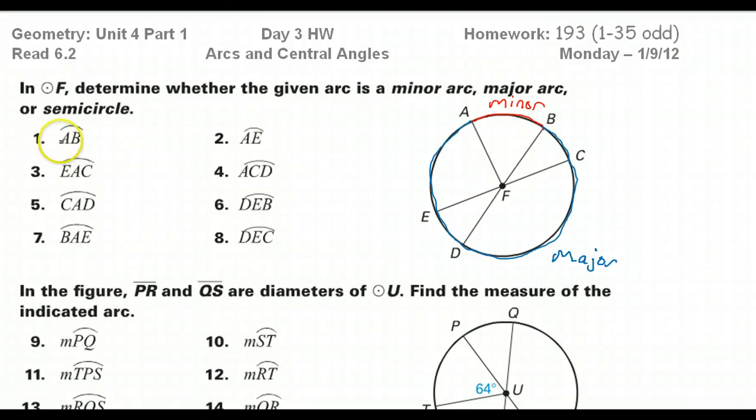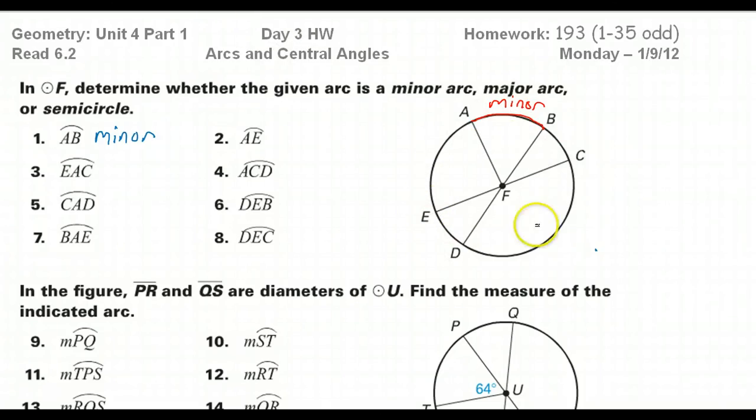So as soon as I see that it's just a 2-letter description, you can immediately know that that is going to be a minor arc. If I just say arc AB, it means from A to B the short way. If I wanted to talk about going from A to B the long way, I'd have to include one of these extra letters like E, D, or C.